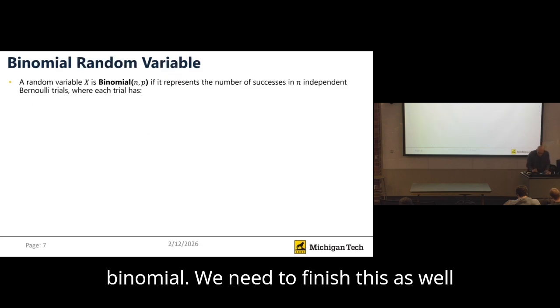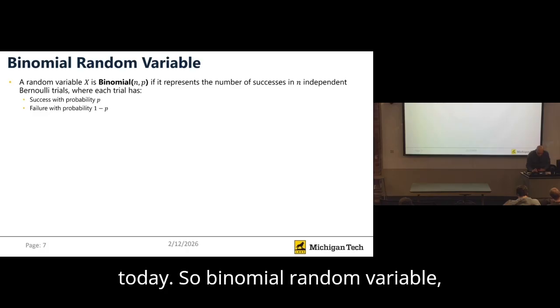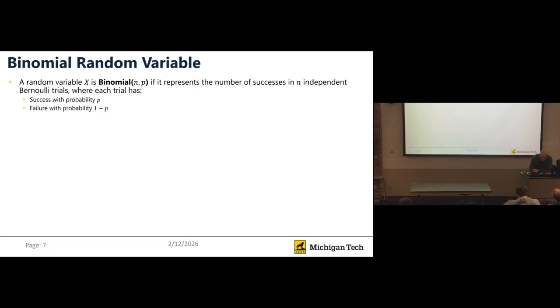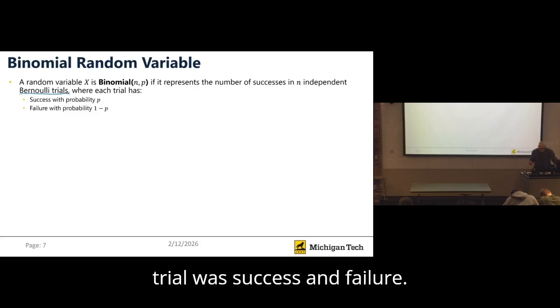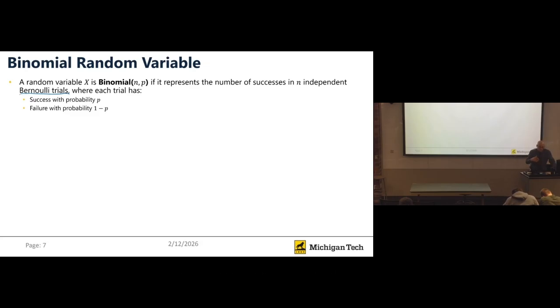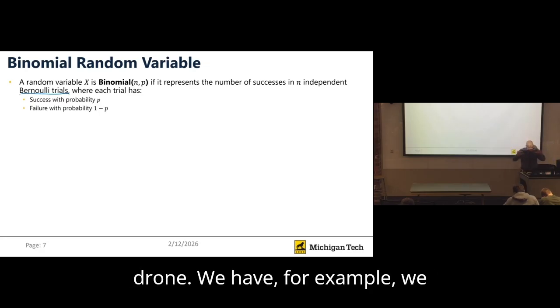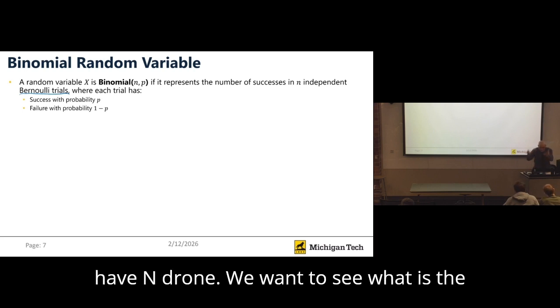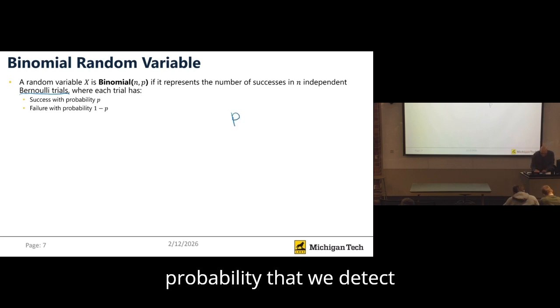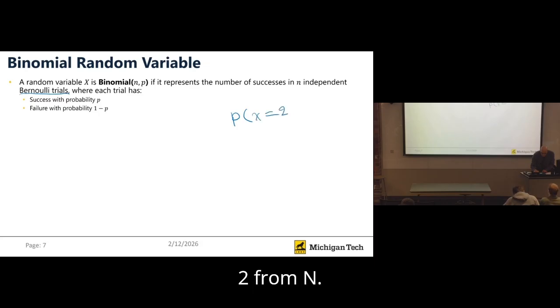Let's go to binomial. We need to finish this as well today. So binomial random variable, again, we are repeating Bernoulli trials. Bernoulli trial was success and failure, and we are repeating that. Like in that example I said, we have n drones and we want to see the probability that we detect 2 from n.